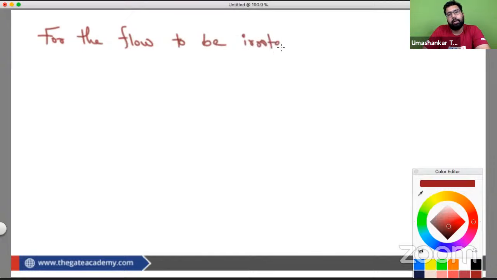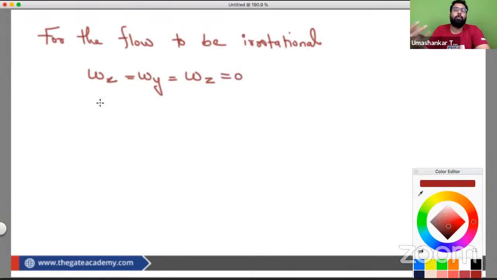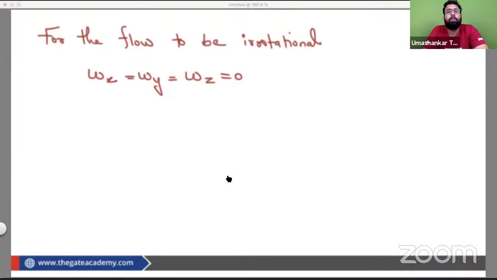Now, for the flow to be irrotational, omega x, omega y, omega z all must be 0. In two dimensions we have only one component of angular velocity, so for two-dimensional flow only that component must be 0 for the flow to be irrotational.